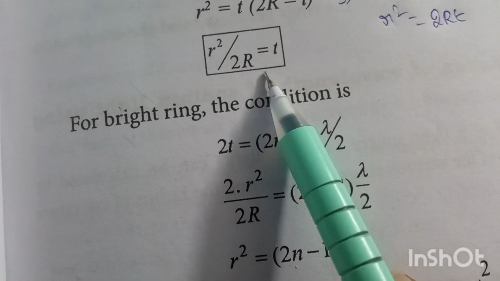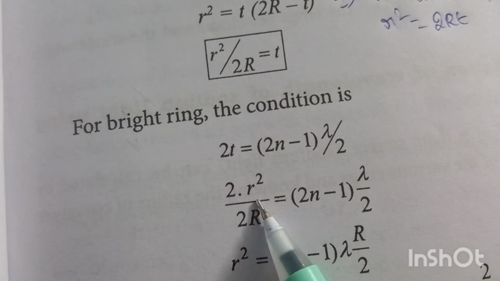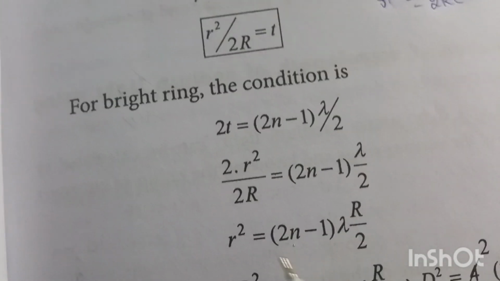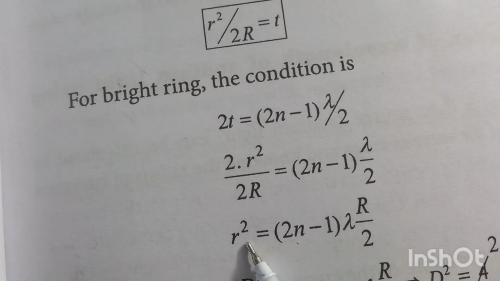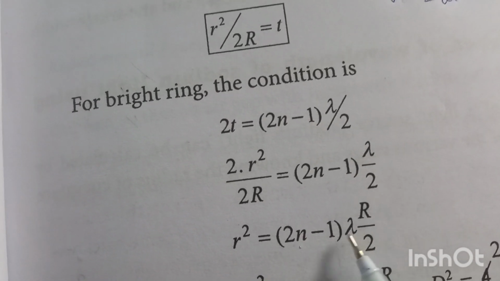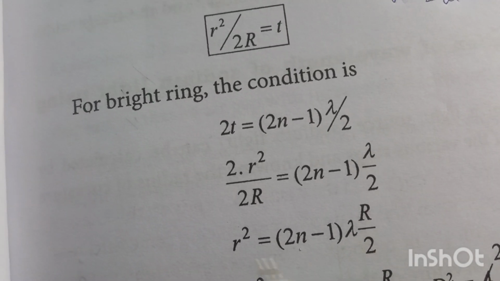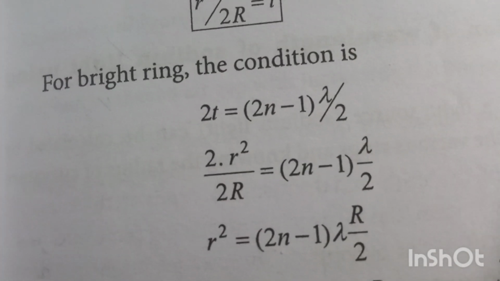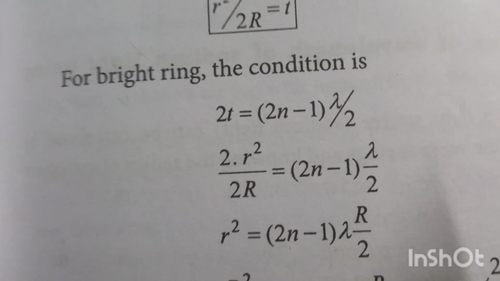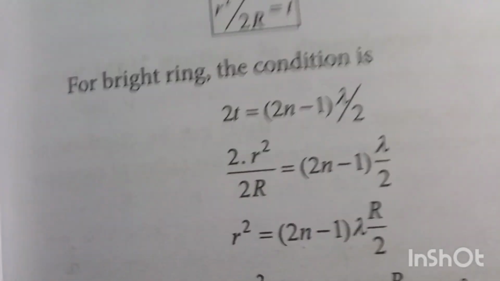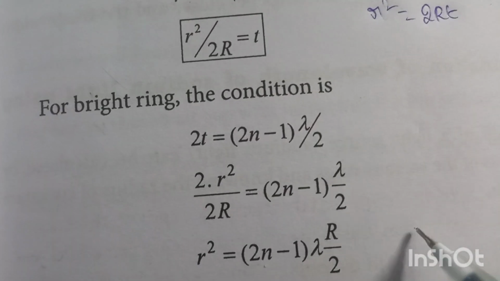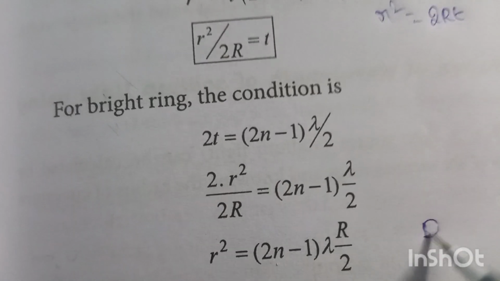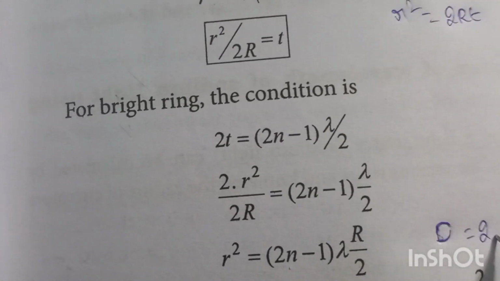From this we can write r square is equal to (2n minus 1) into lambda into R by 2. Here r is the radius of the ring. In place of radius we can use the diameter. The relation between diameter and radius is diameter D is equal to 2 into r.